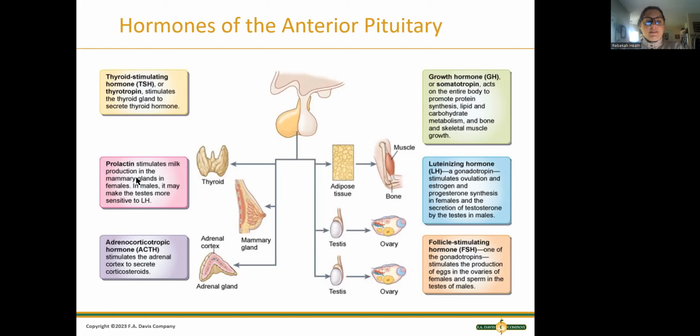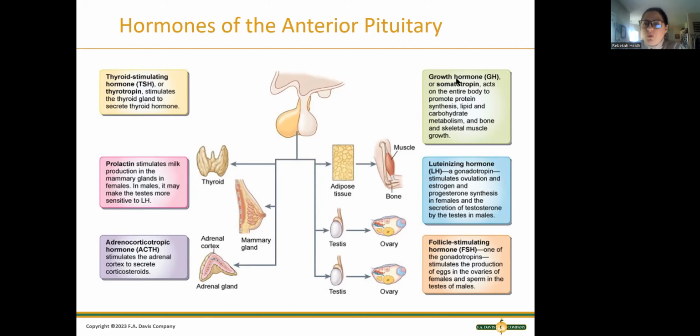The prolactin stimulates mammary glands in females. In males, it might make the testes more sensitive to LH, which is luteinizing hormone. The adrenocorticotropic hormone, or ACTH, stimulates the adrenal cortex to secrete corticosteroids. So these are more like the secretion hormones.